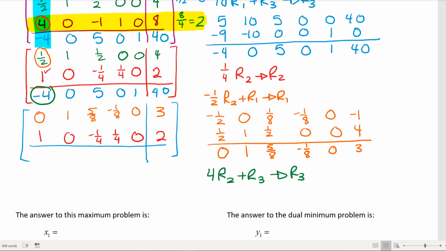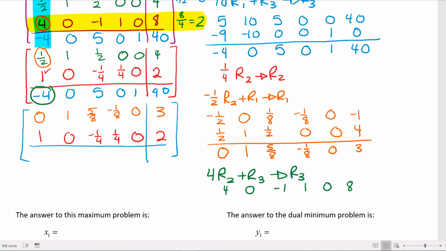So we have 4 times the red row, which is 4 times 1 is 4. 4 times 0 is 0. 4 times negative 1/4 is negative 1. The 4's divide out. Positive 1/4 times 4 is positive 1. 0 times 4 is 0, and 4 times 2 is 8.